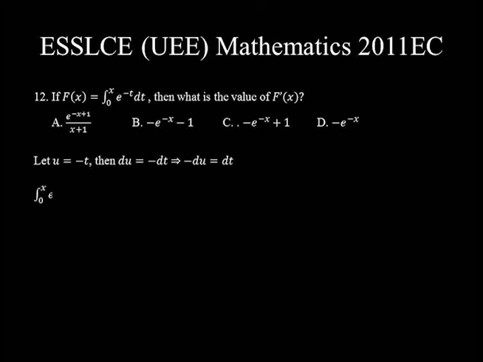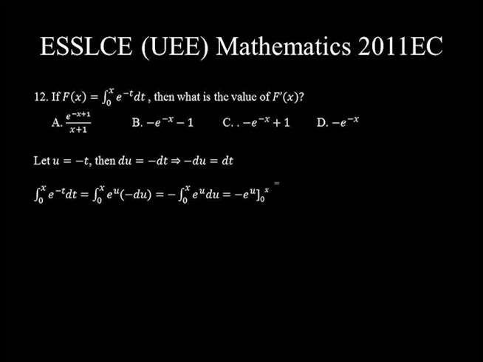Thus, the integral of e to the power of negative t dt, t ranging from 0 up to x, is equal to the integral where we substitute e to the power of negative t by e to the power of u, times dt, which means negative du. Negative is a constant, we can take it to the front, that's negative integral of e to the power of u du, u ranging from 0 up to x, which is equal to, the integral of e to the power of u is e to the power of u, so e to the power of u times negative 1 is negative e to the power of u, u ranging from 0 up to x.